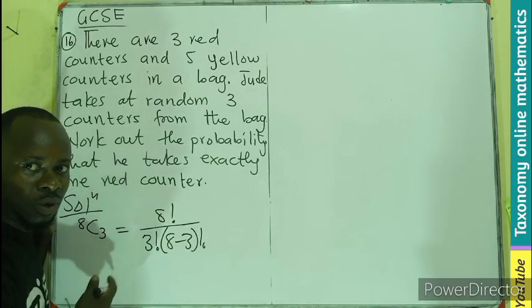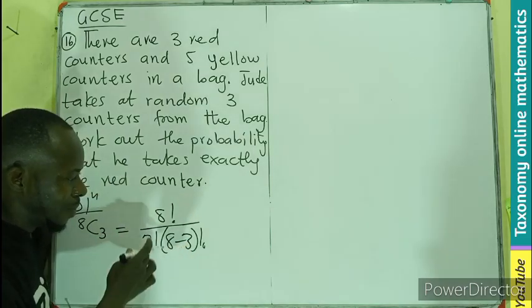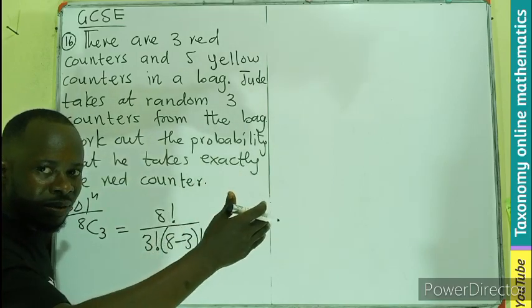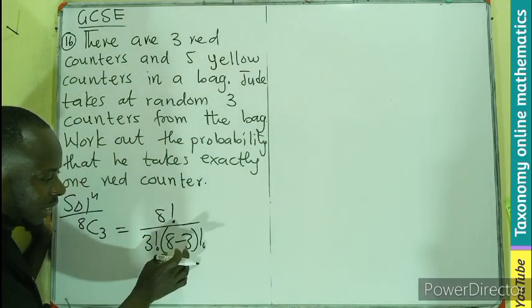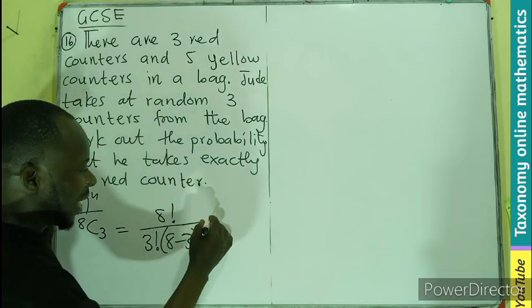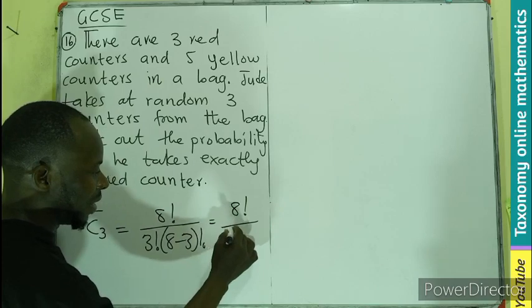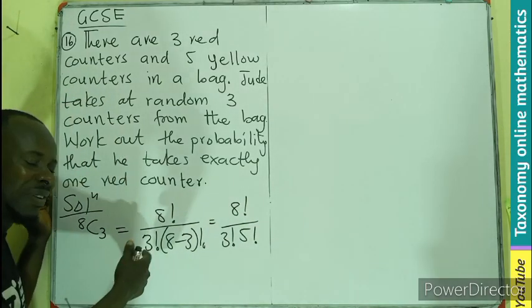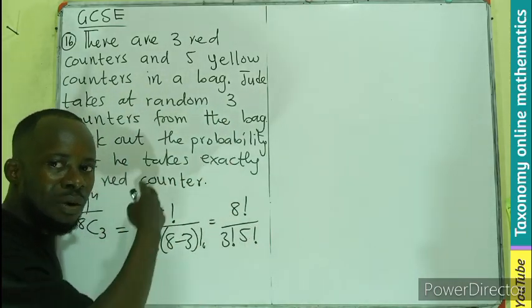Remember the factorial expansion, whereby we multiply the number from itself down to 1. This is going to be a subtraction, and that will give us 8 factorial divided by 3 factorial times 5 factorial. So this is the selection of 3 out of a total of 8.